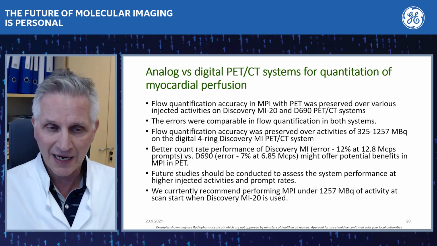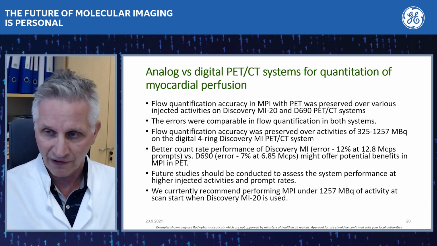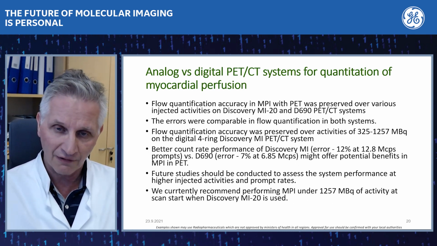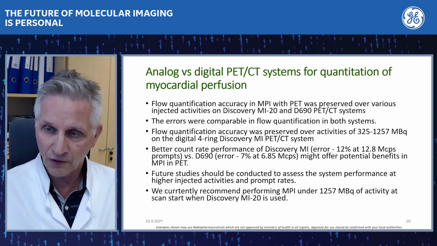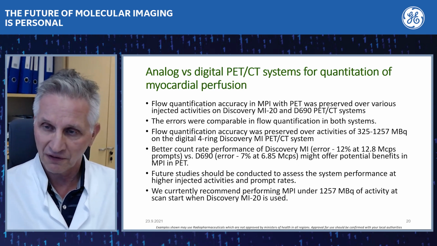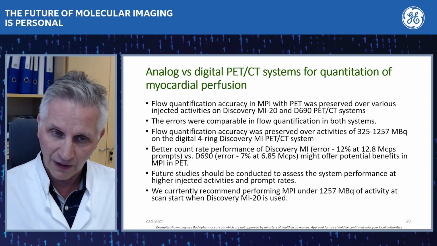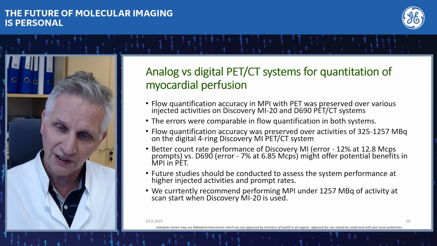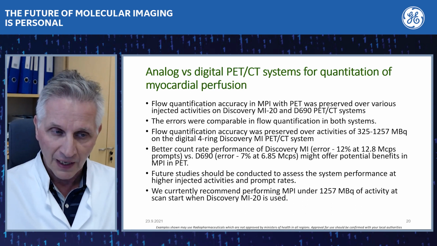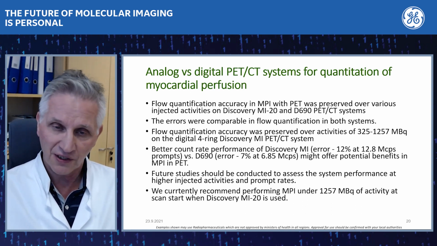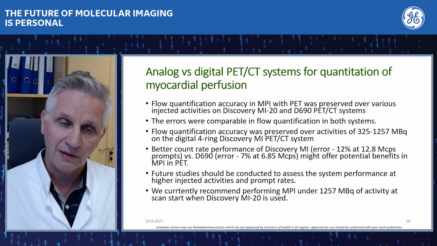So it is likely that this better count rate performance combined with the tolerance of the scanner for a rather high tracer dose will allow us to even further improve the accuracy of the quantification, because we could now maybe even double the radio water dose without saturating the scanner, and likely the image quality will further improve. And with radio water, the radiation dose for the patient is not a major issue because the clinical dose is only 0.4 millisieverts.